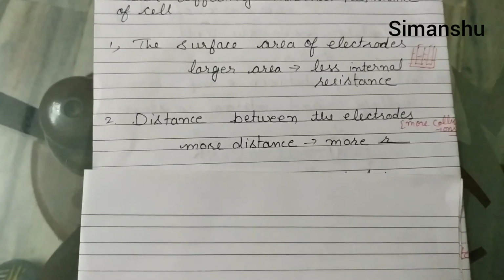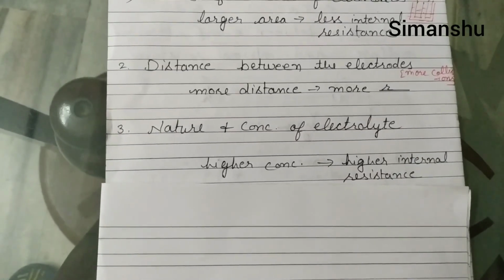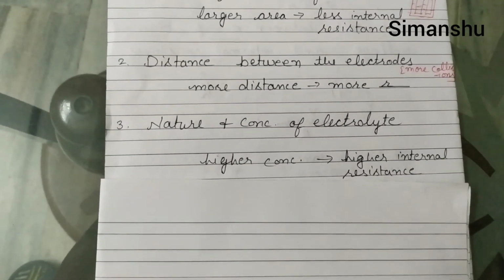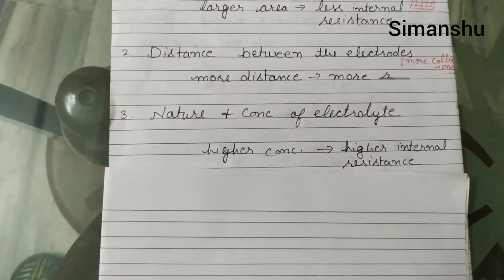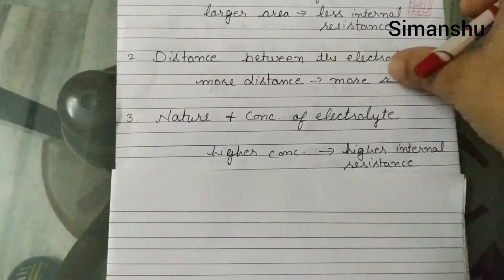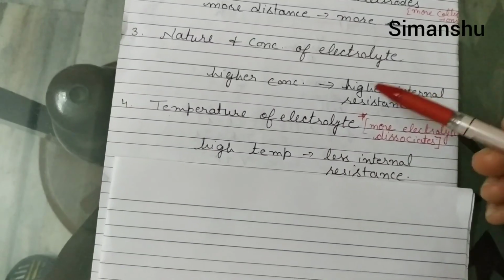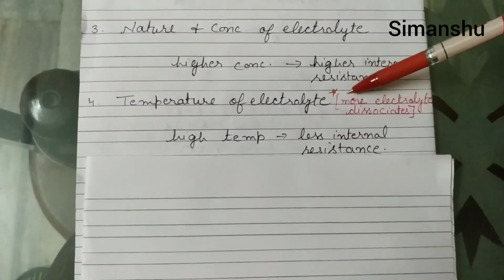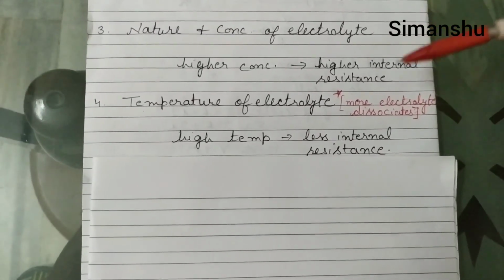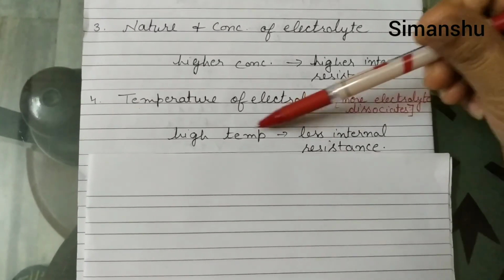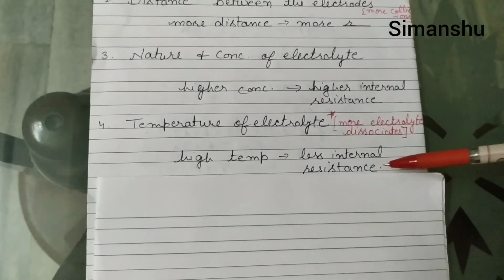So the internal resistance will be more. Then the nature and concentration of the electrolyte: higher the concentration, higher the internal resistance. Then the temperature of the electrolyte. With an increase in temperature, the electrolyte dissociates at a high rate, so with increase in temperature we get less internal resistance.